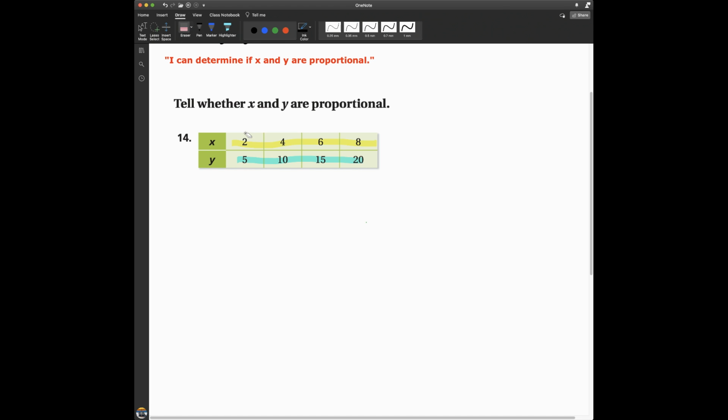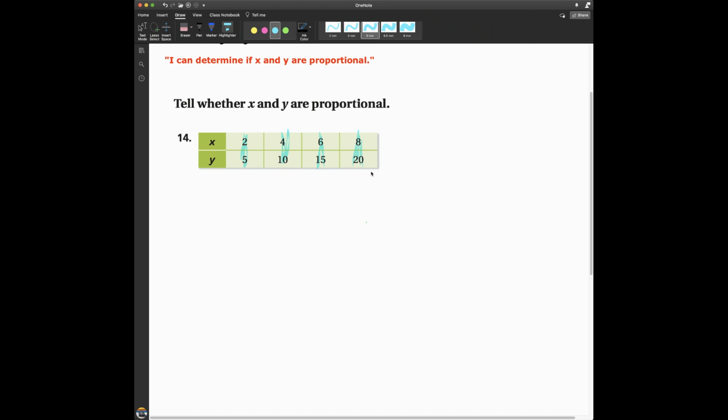So what I really want to know, I'm going to highlight something else. I want to know is if this is a ratio, is it proportional to this ratio? And are these two ratios proportional to this ratio? And are all three of these proportional to this ratio?